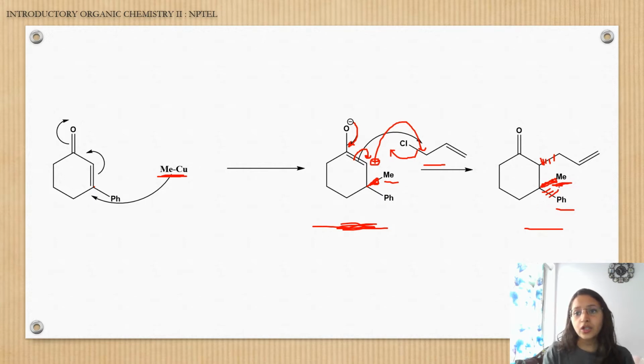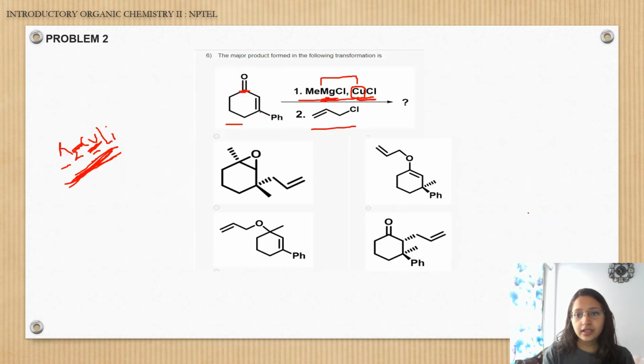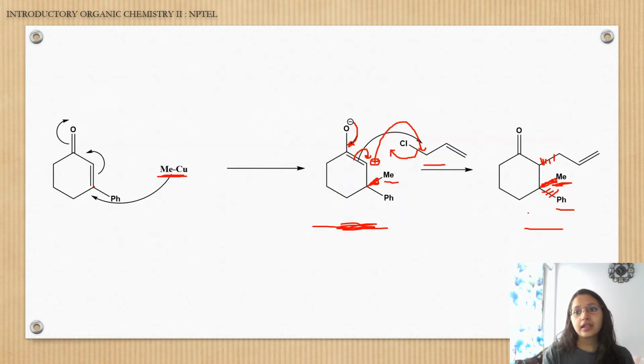So if it is dash, does this particular nucleophile feel more conformational stability lying below the plane or above the plane? Below the plane.